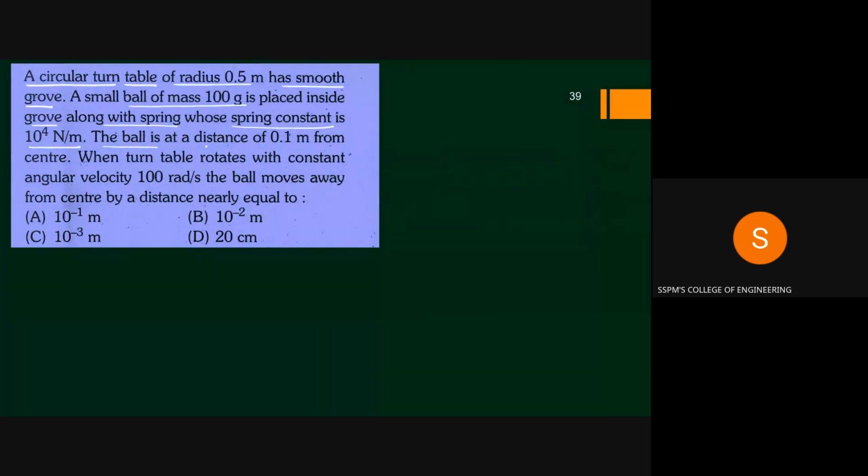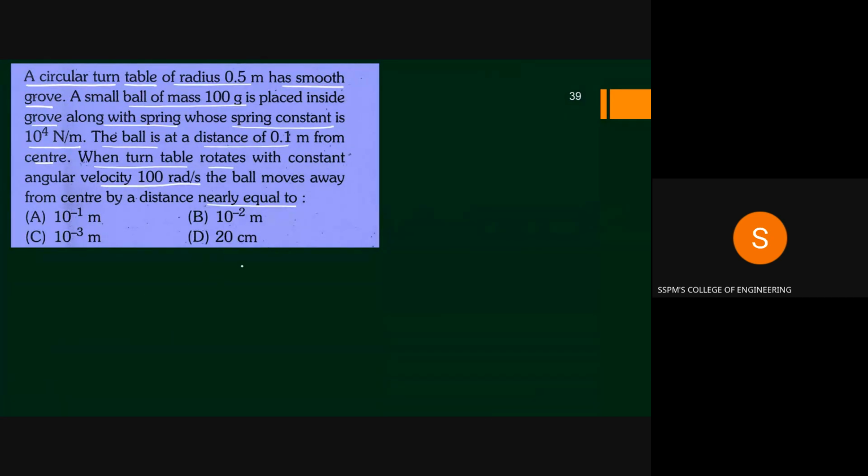The ball is at a distance of 0.1 from the center of rotation. When the turntable rotates with a constant angular velocity of 100 rad per second, the ball moves away from the center by a distance nearly equal to. So basically, we want to find out the displacement of the ball from the given position.